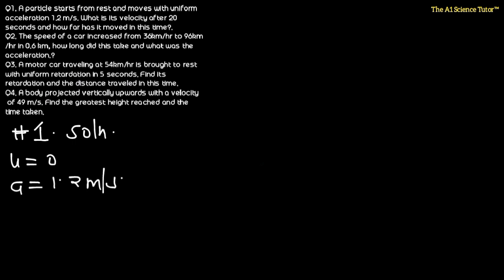So we need to write that there. Now, the next thing they said is, what is its velocity after 20 seconds? So the time has also been given. That is going to be 20 seconds. And we are required to find the velocity and also the distance, or the displacement rather.